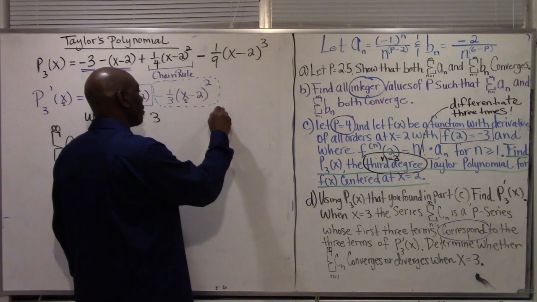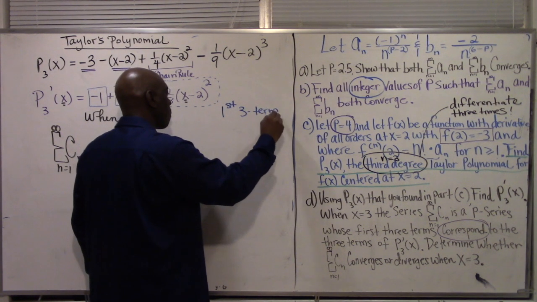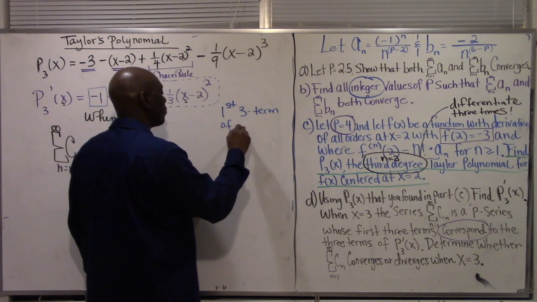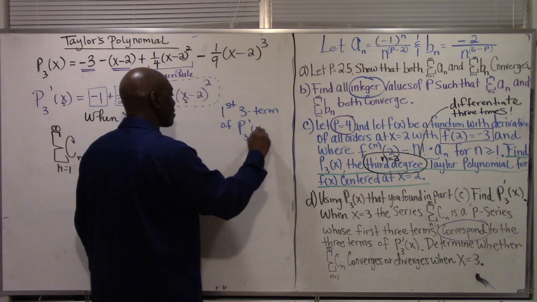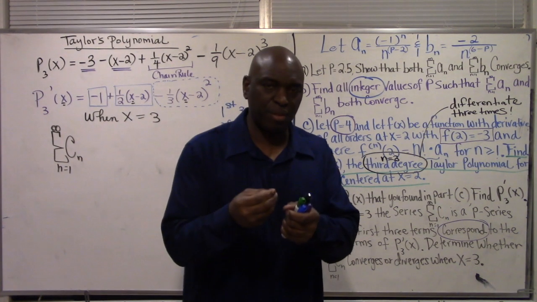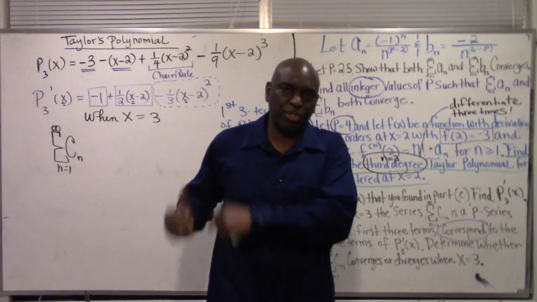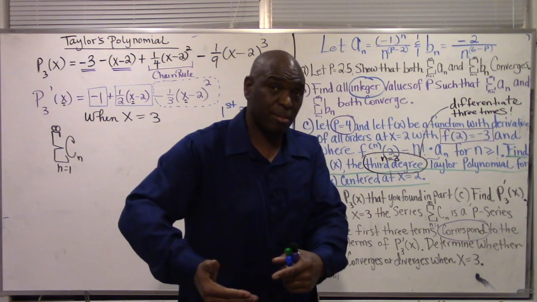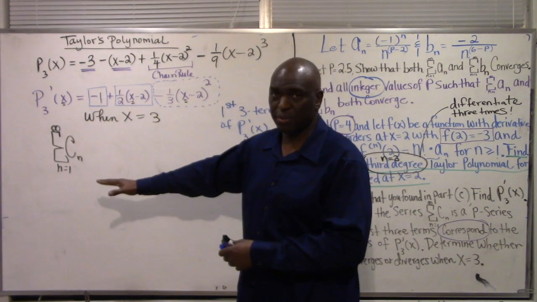So these are the first 3 terms of P3 prime of x. Those are the first 3 terms of the derivative of our Taylor polynomial. Those first 3 terms correspond to the first 3 terms of our new series.